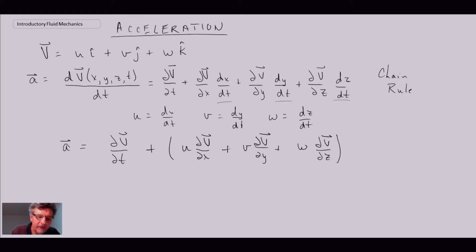We will refer to the first term here as being the local acceleration. That is at a given point. And then the second one is referred to as the convective acceleration.